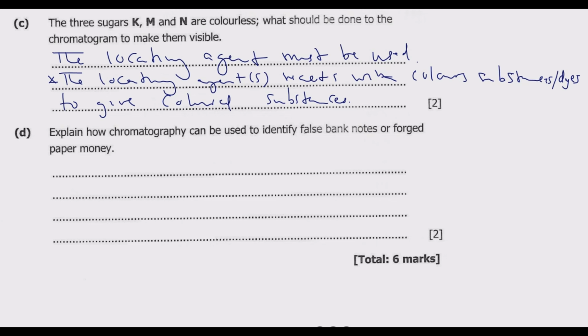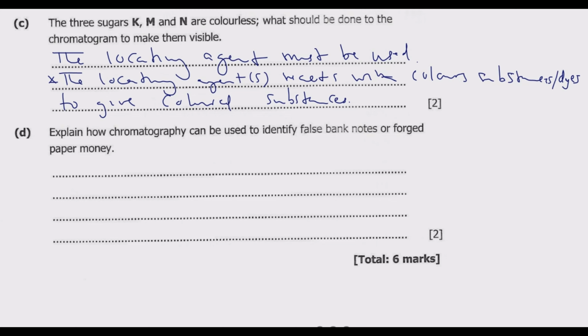Question D, explain how chromatography can be used to identify false banknotes or forged paper money. So what happens is the suspected banknote is obtained, then the ink contained in that banknote is separated using chromatography.